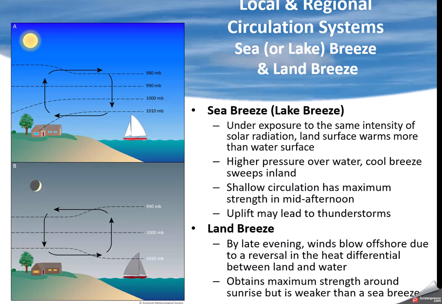By fall, the temperature contrast is not as great. You'll still have some, but not as strong. And at night, just the opposite occurs because the ocean or lake does not cool as fast. Land cools faster, air sinks, and moves back out over the water.